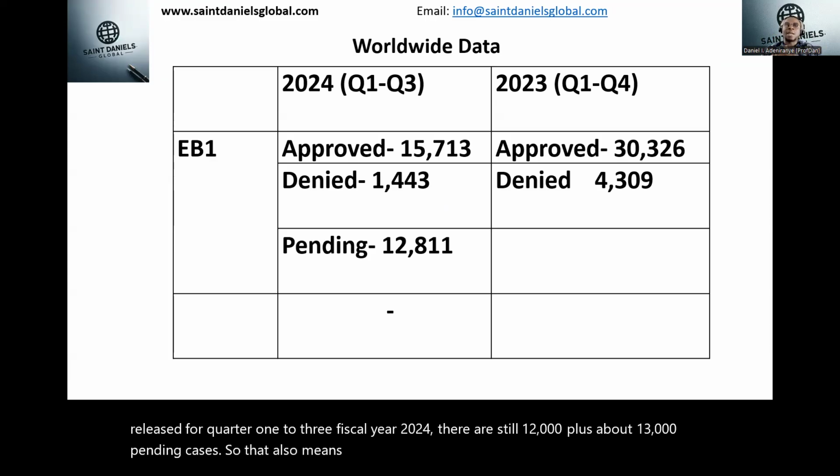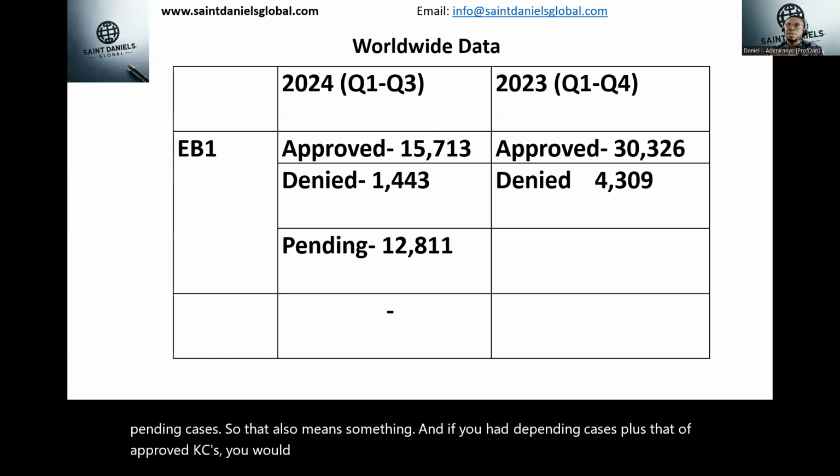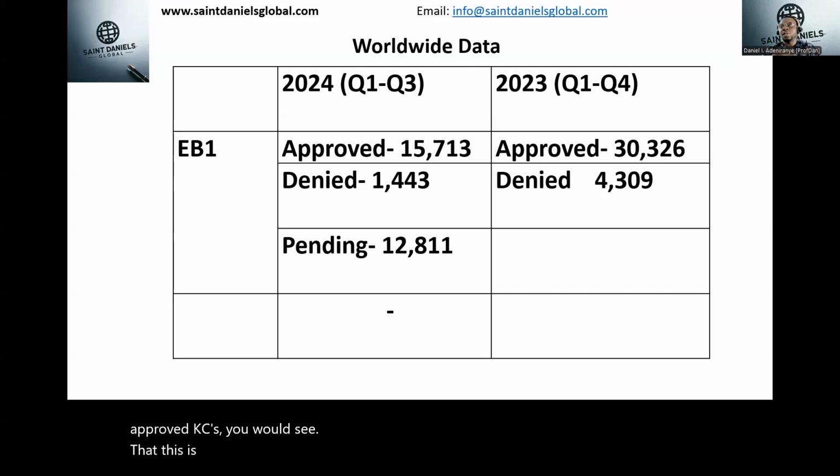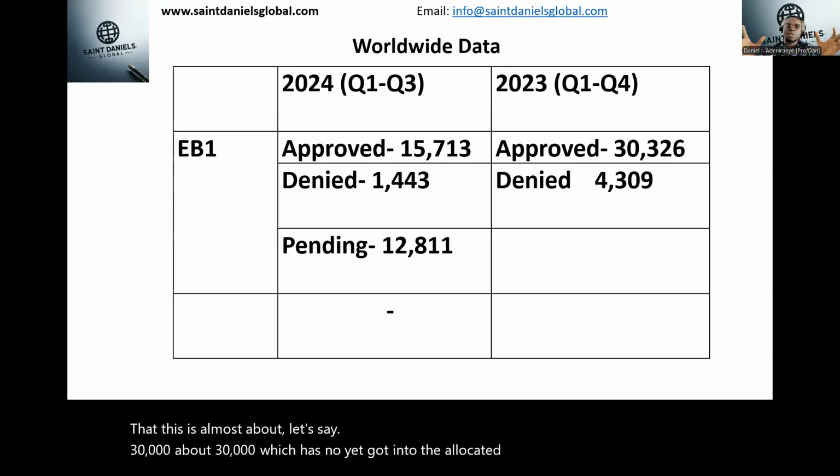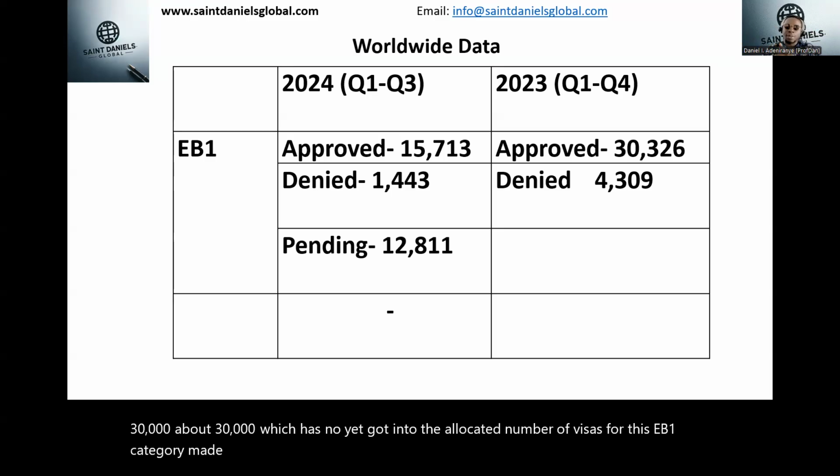If you add the pending cases to the approved cases, you would see that this is about 30,000, which has not yet reached the allocated number of visas for this EB1 category made available by the government.